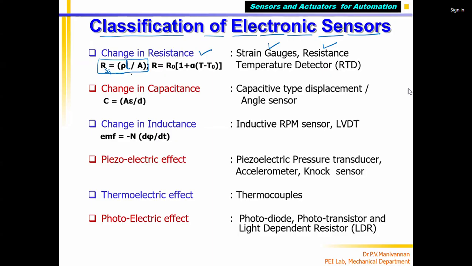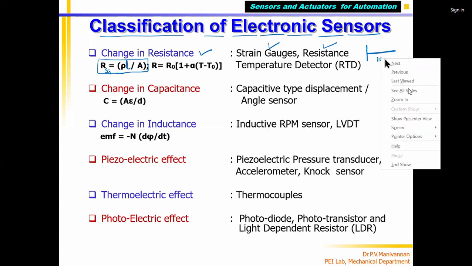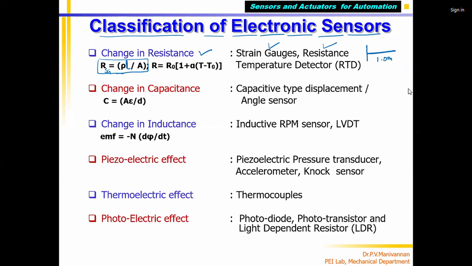Now if you apply a force, for example, I have a wire. This is my wire, and it has a length of, for example, 100 mm. Wires are generally cylindrical in shape, solid, say copper wire or aluminum.